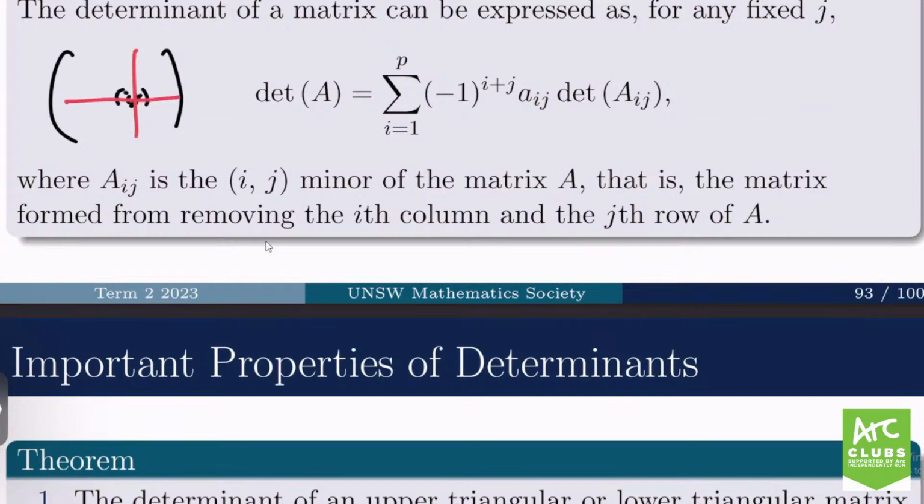This is a way of extending to larger p by p matrices the idea you've probably already seen before to calculate the determinant of 3 by 3 matrices. To calculate the determinant of a 3 by 3 matrix, I take 1 multiplied by this determinant, and I take 2 multiplied by the determinants of these numbers, and then I have 3 multiplied by the determinant of this submatrix. So that's the extension of this idea to p by p matrices.